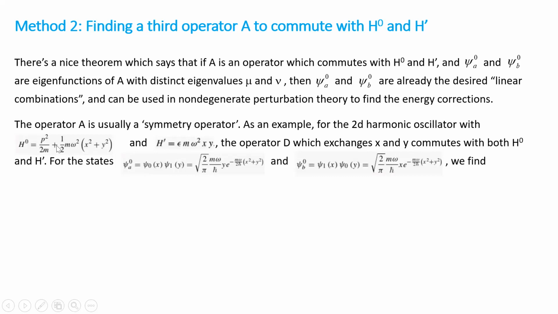We can see that because if we look at H0 and H prime and switch X and Y here, remember D exchanges X and Y, we get the same thing back again. So H0 commutes with D because D doesn't change H0. And similarly, if we exchange X and Y in the perturbation, it doesn't change H prime. So the operator D commutes with both H0 and H prime.